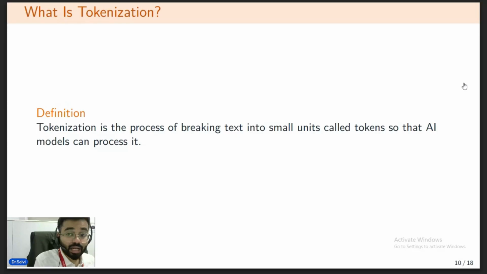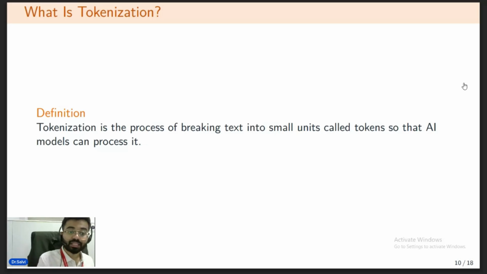Okay, now a very important aspect of prompting, and that is tokenization. This will help us understand how exactly ChatGPT or any prompts are going to work. Tokenization, as it is quite literally named, is a process of breaking the text into small units.